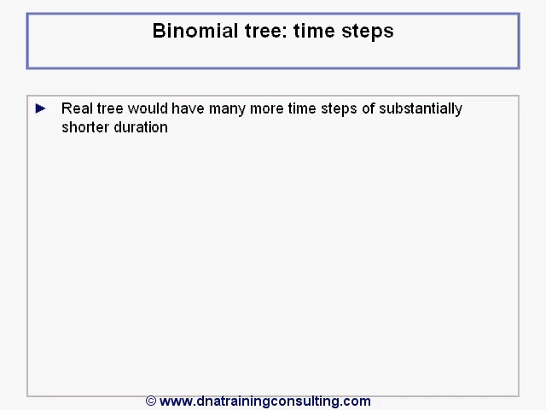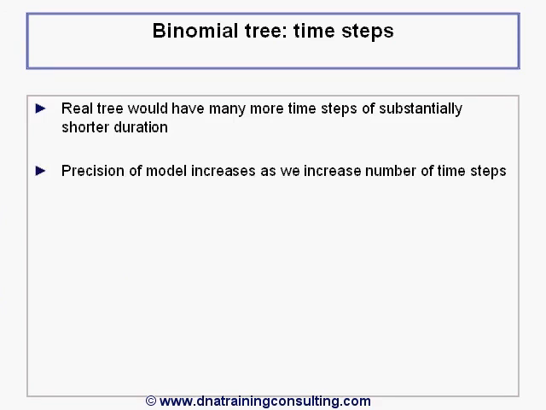Finally, we point out that in practice, a tree like the one here would have many more time steps than we have shown, of substantially shorter duration, with the precision of the model increasing as we increase the number of time steps.